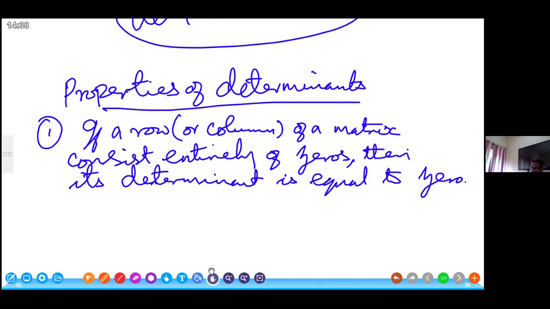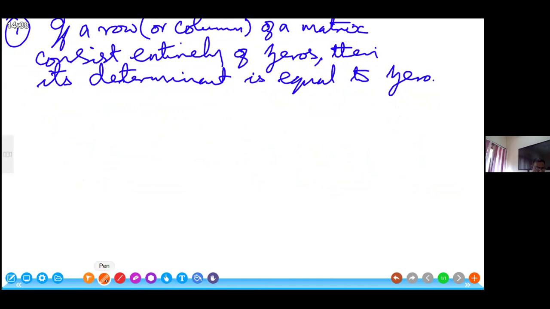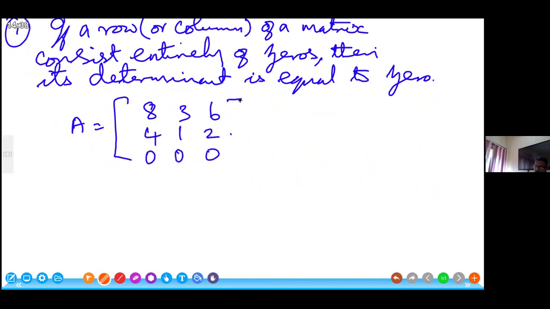That means if a particular row or column is entirely 0, the determinant of that is equal to 0. I have a matrix with elements 8, 3, 6, 4, 1, 2, 0, 0, 0. If you find the determinant, you will end up with an answer.